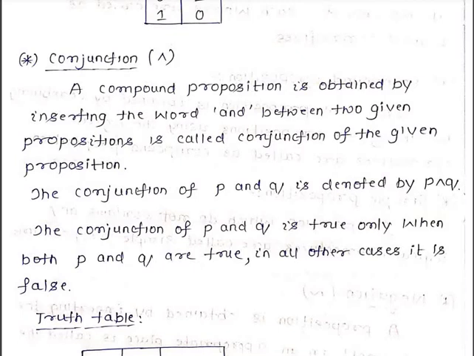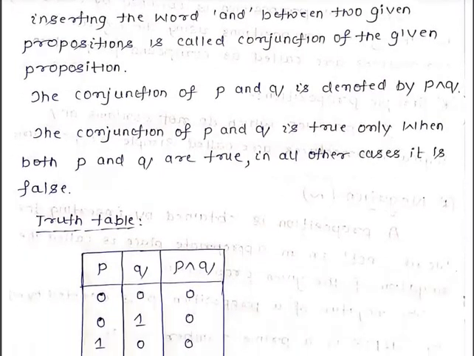Meaning your p value as well as q value should be true. Conjunction will work like a multiplication. For our understanding, you can remember conjunction as nothing but a multiplication. So anything multiplied with 0 will give you the 0 value. Right? Now let us see the truth table for better understanding.